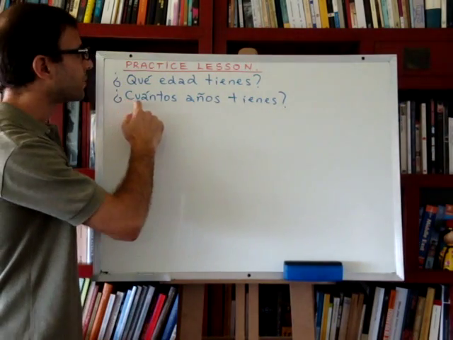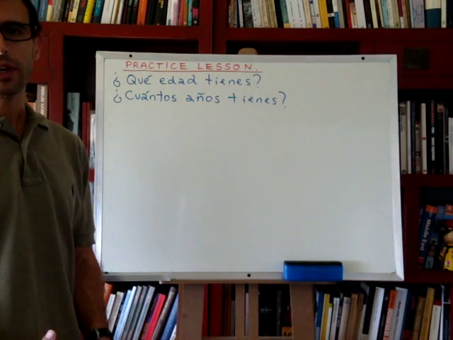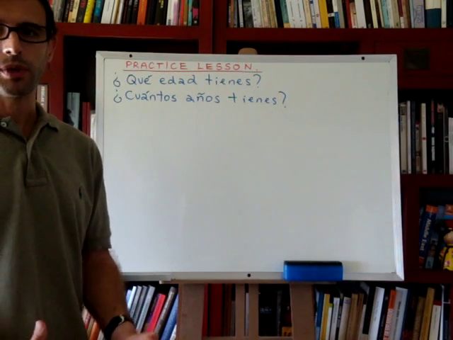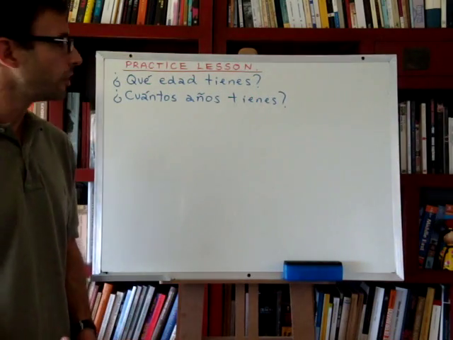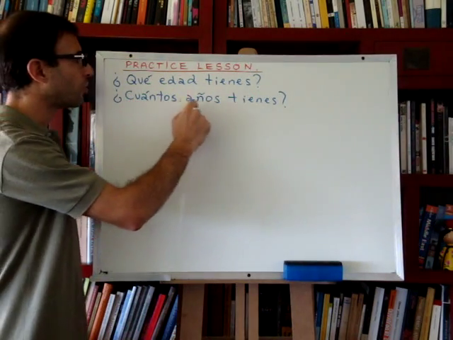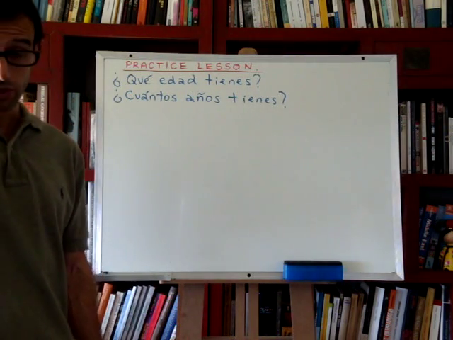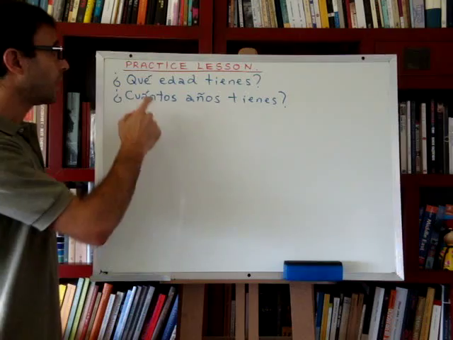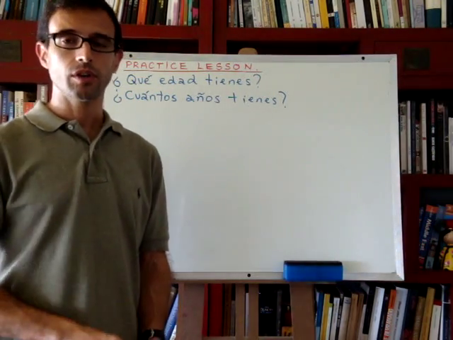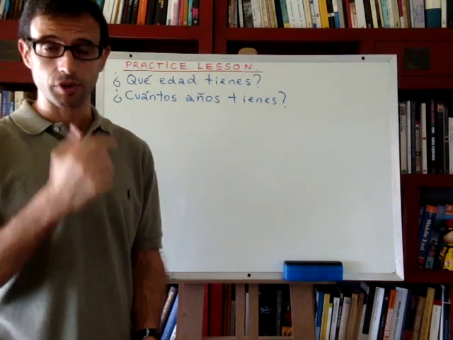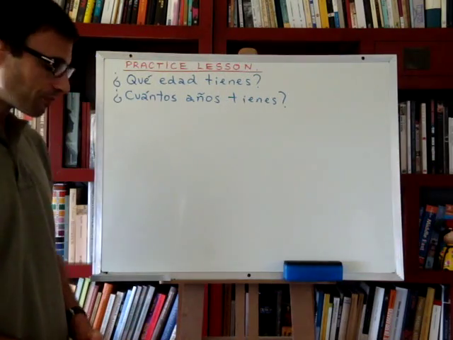But this is not necessarily childish talk, right? When we are talking with somebody we are acquainted with or somebody with whom we have confidence, we ask, ¿cuántos años tienes? It's a more straightforward question, okay? How many years do you have? And ¿qué edad tienes? You will find it in many forms, right? When you have to fill a form with personal information, you will have this formal way of asking, right?